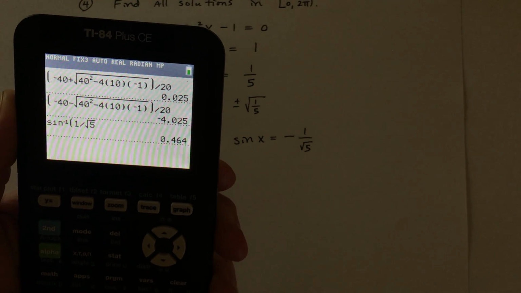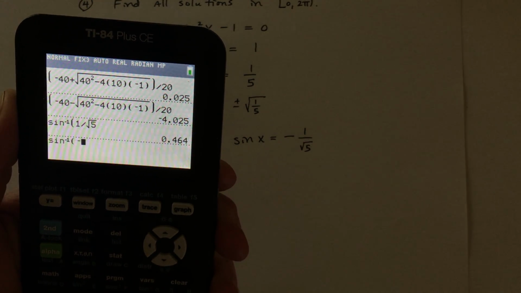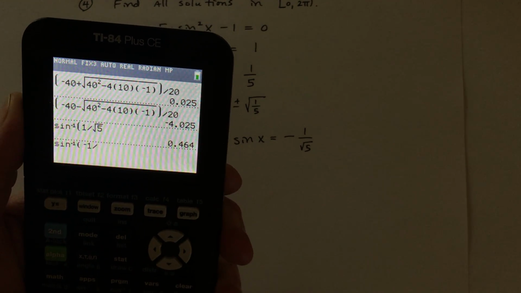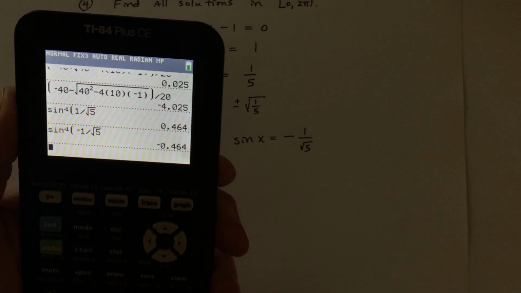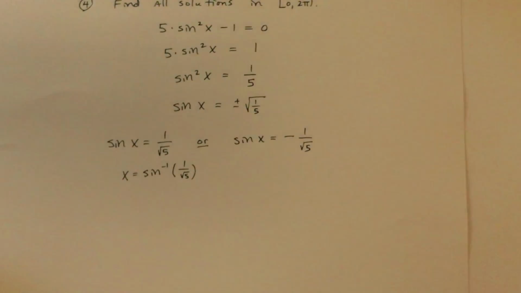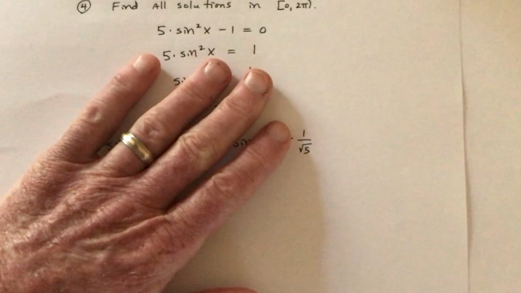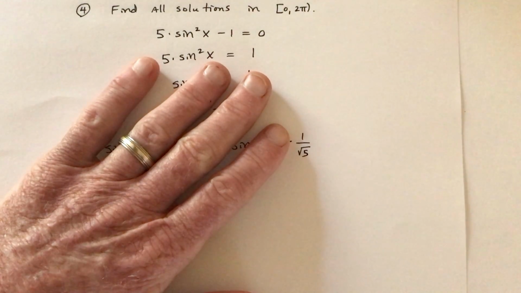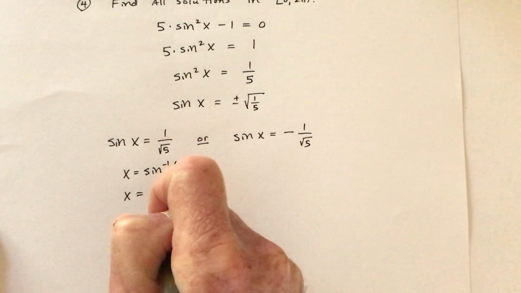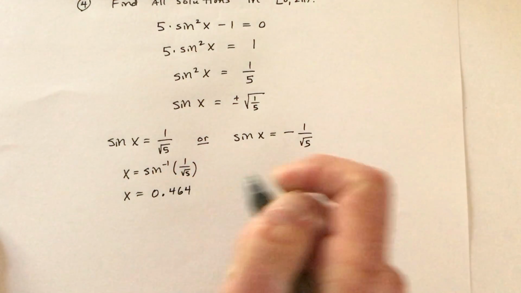And when I do the sine inverse of the negative 1 divided by square root of 5, it turns out that it's a negative 0.464. So this one gave me a positive 0.464.